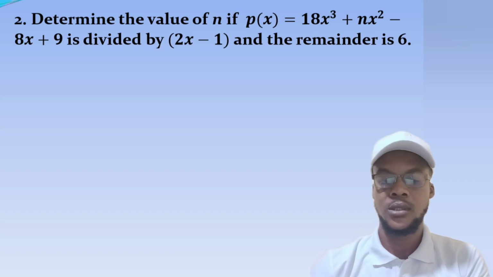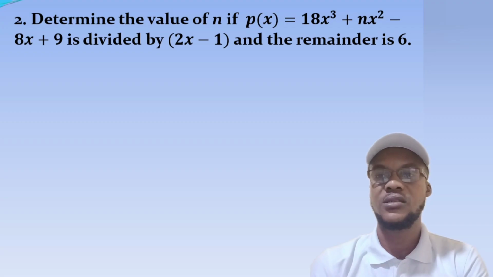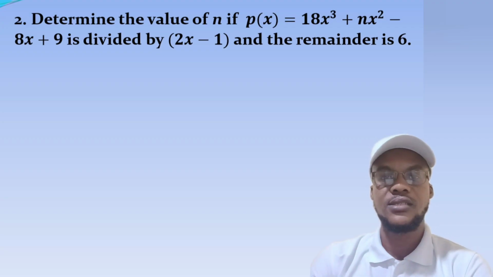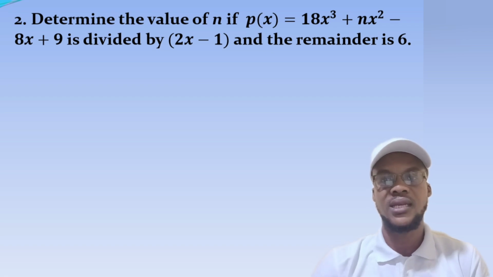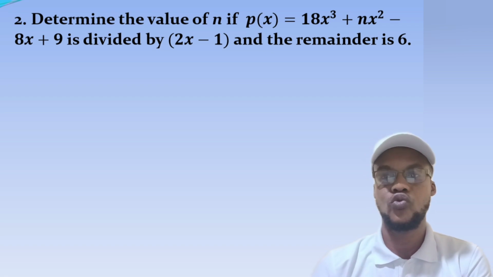So for the second example, it says: determine the value of n if p of x is given as 18x cubed plus nx squared minus 8x plus 9, which is divided by 2x minus 1, and the remainder is 2.